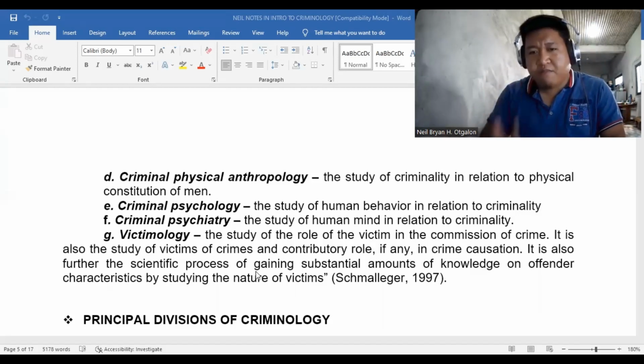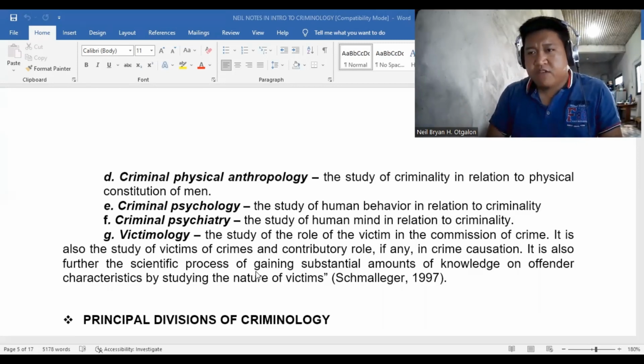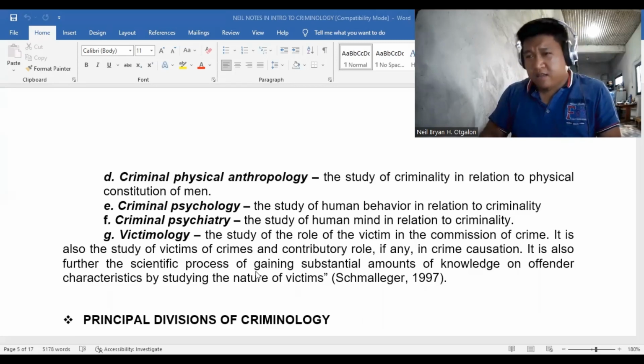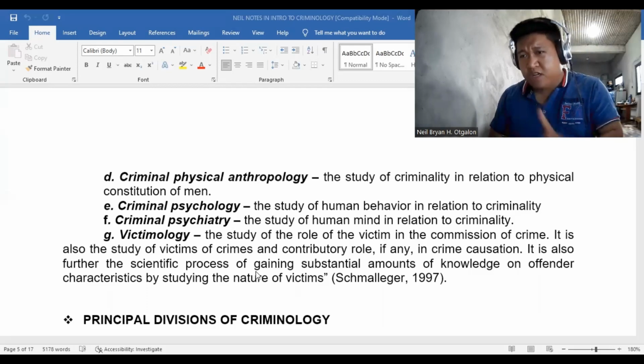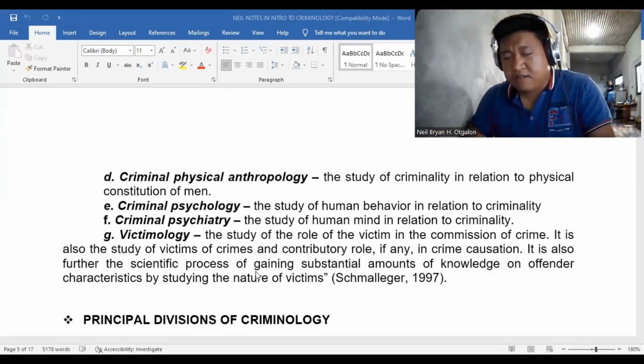So one example of explanation in victimology is it says that kung sana the victim is careful, the victim is very diligent, the victim is not reckless, then the crime is not committed.